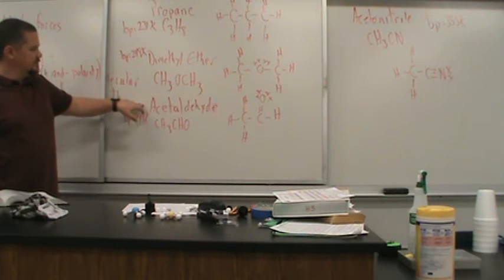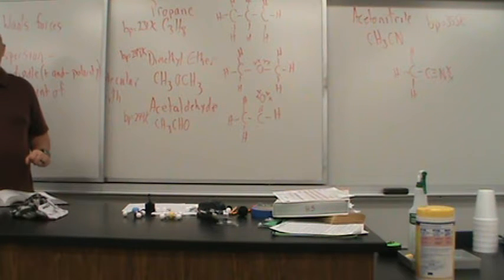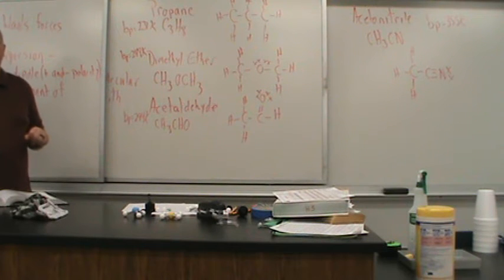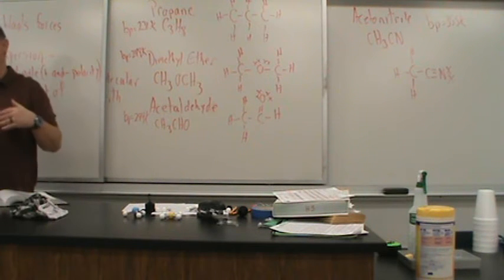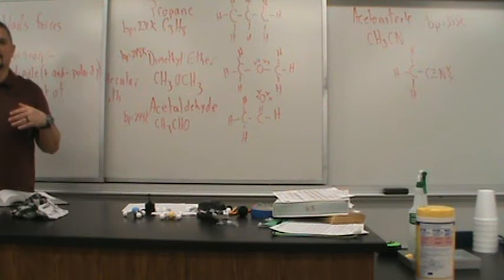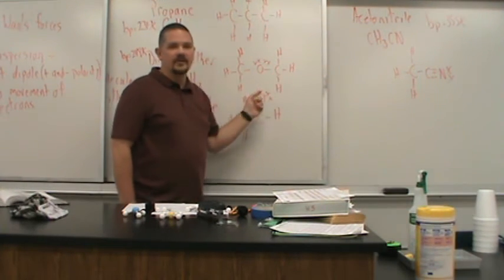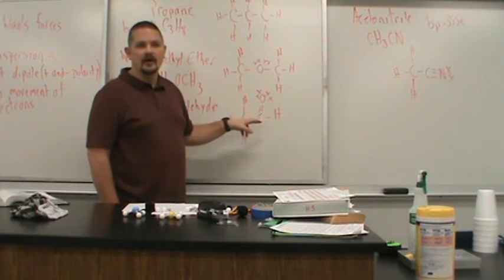Dimethyl ether, acetaldehyde, acetonitrile. Polar or non-polar? How can we tell just by looking at it, without going through figuring out the difference in electronegativities? We'll look at what we have in the formula. In 2 of them we have oxygen.